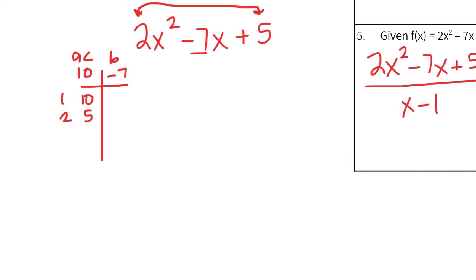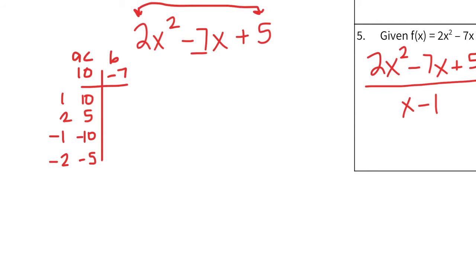What if I had -1 times -10? A negative times a negative makes a positive. And what if I had -2 and -5? Same thing, 2 times 5 is 10, and a negative times a negative makes it positive. So I have 4 choices to pick from here. Which one of these, when I add it together, is going to give me -7?